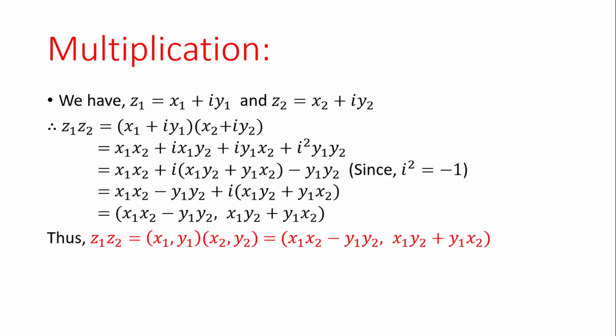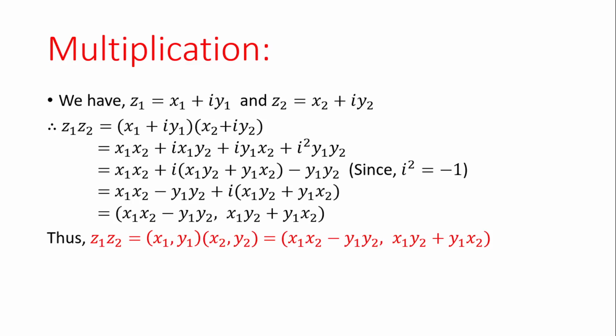Now, by separating or sorting out real terms and imaginary terms, we can write X1 X2 minus Y1 Y2 plus i in bracket X1 Y2 plus Y1 X2. So X1 X2 minus Y1 Y2 is the real part, and X1 Y2 plus Y1 X2 is the imaginary part.